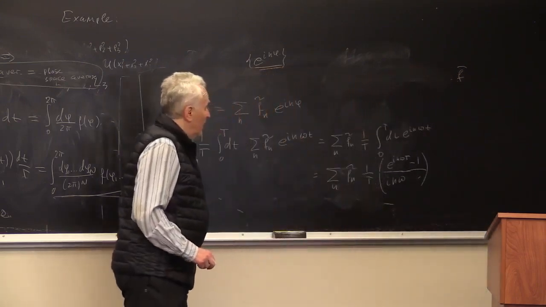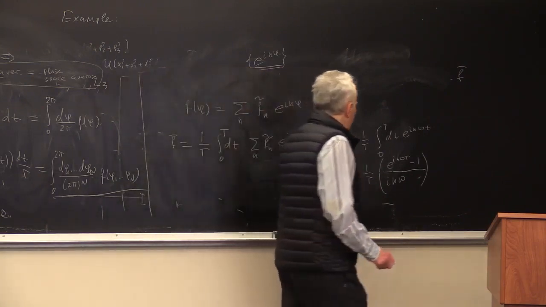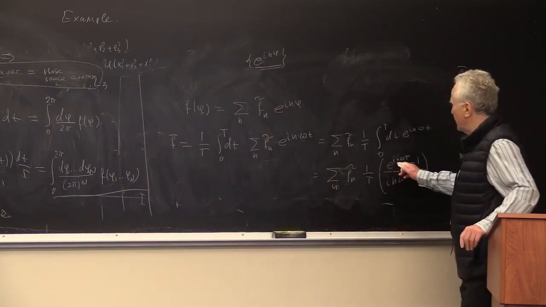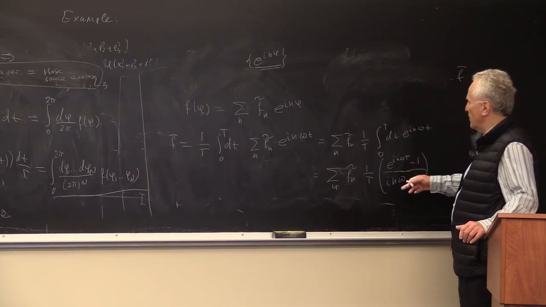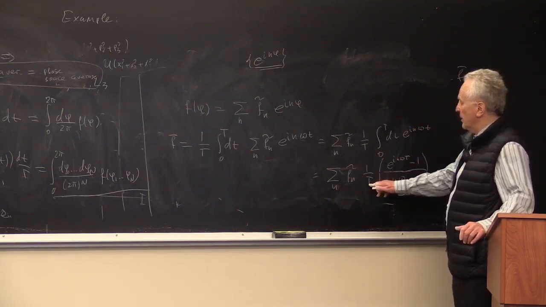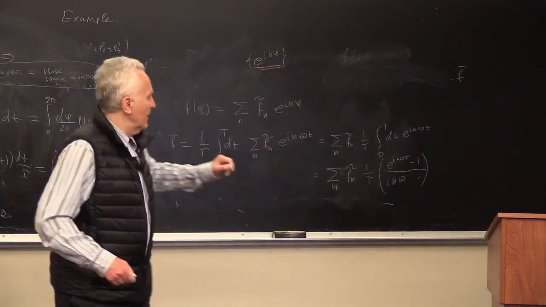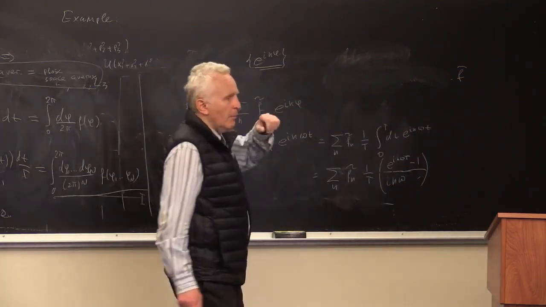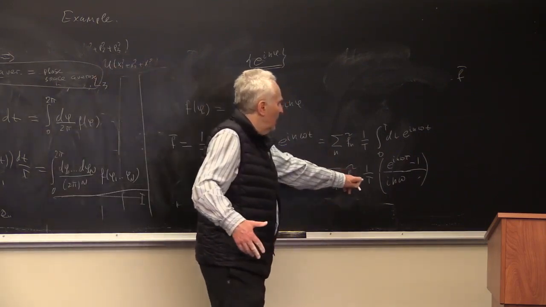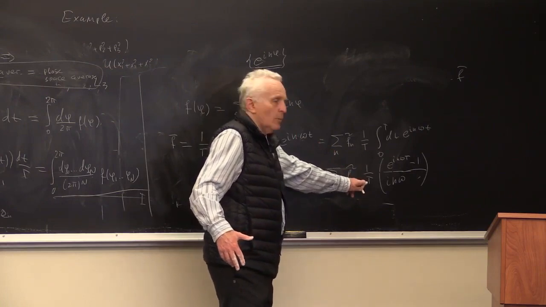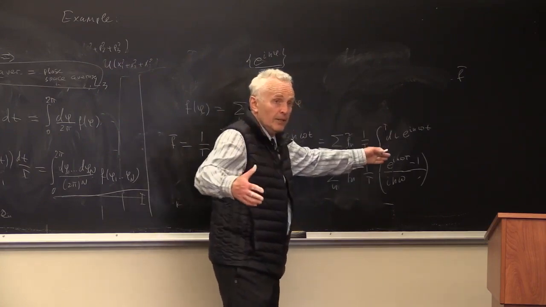Now if T goes to infinity, it seems that the whole thing goes to 0 because this exponential is bounded, 1 is bounded, but T goes to infinity. But this is almost right, but not quite. There is one term in this sum which survives the limit. Most of the terms will go away because of this 1 over T factor and because this is a bounded function.